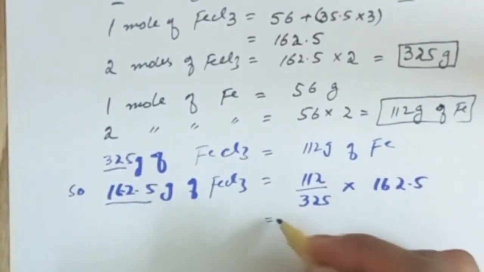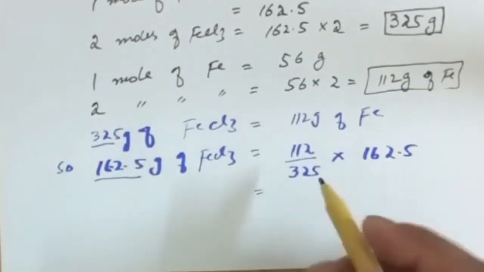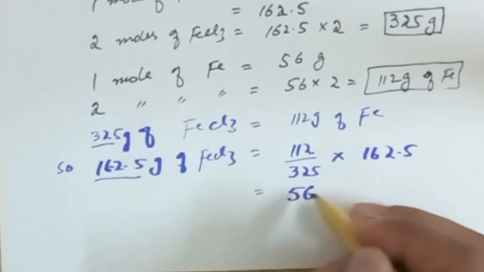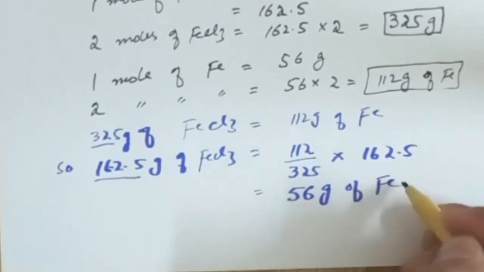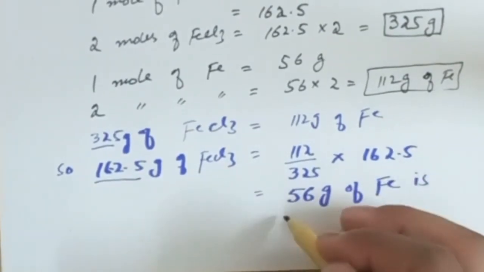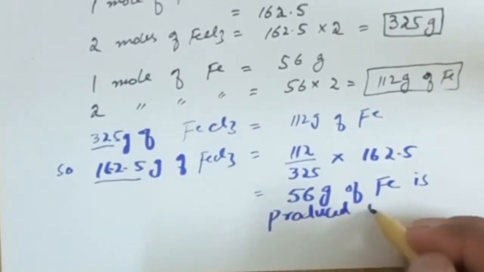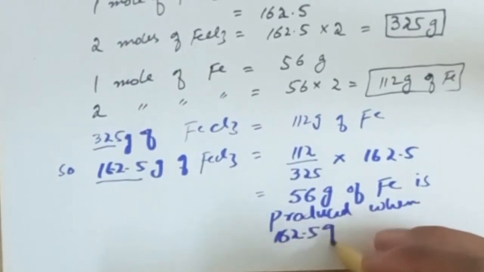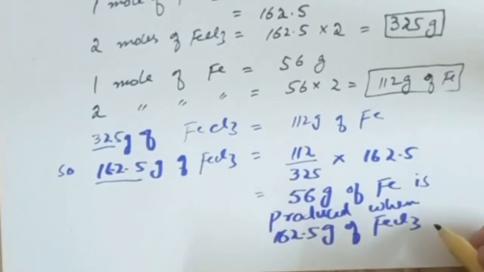When these calculations are done, we get the value of iron: 56 grams of iron is produced when 162.5 grams of FeCl3 is formed.